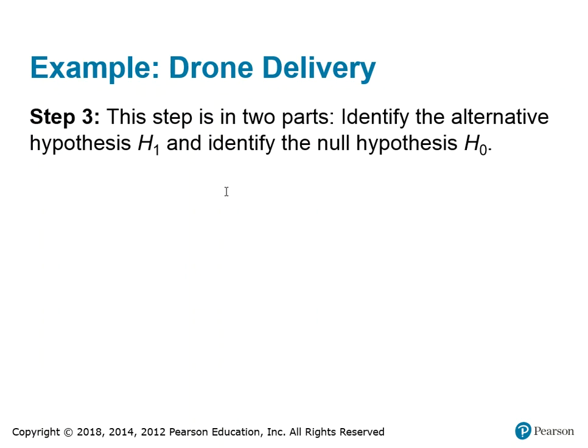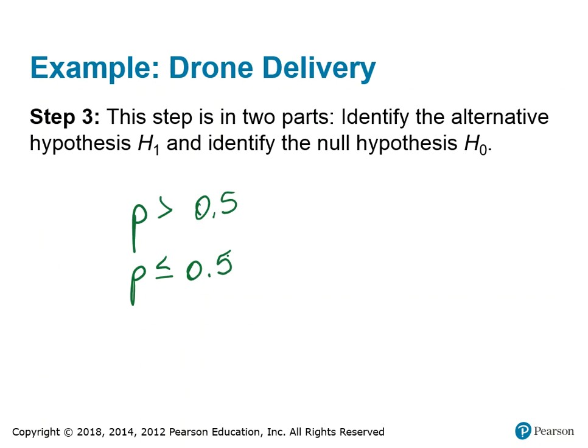So we had two options. We had our claim, which was p is greater than 0.5, and we had our other option, which was p is less than or equal to 0.5.